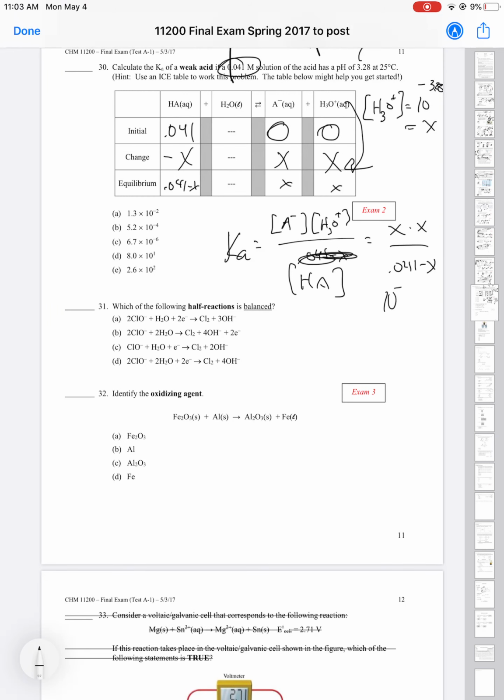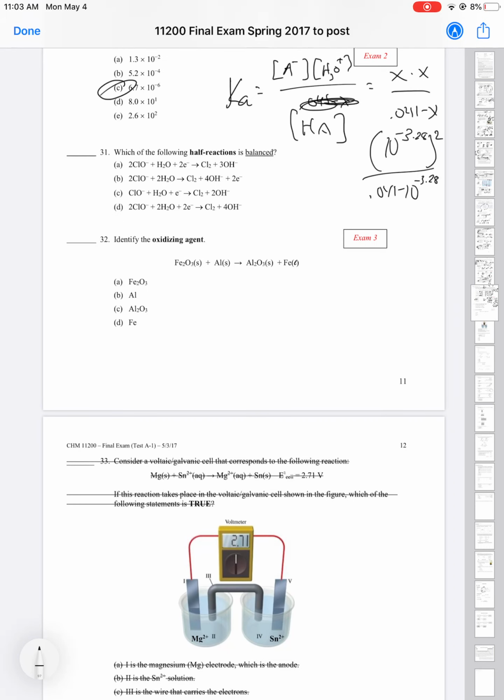So we can say (10 to the negative 3.28) squared divided by (0.041 minus 10 to the negative 3.28). And for that answer, you will get C.